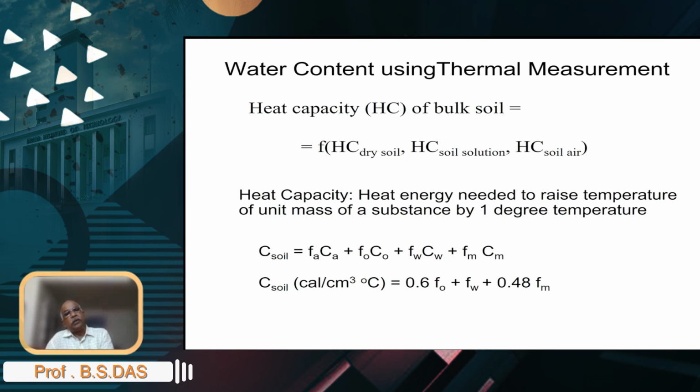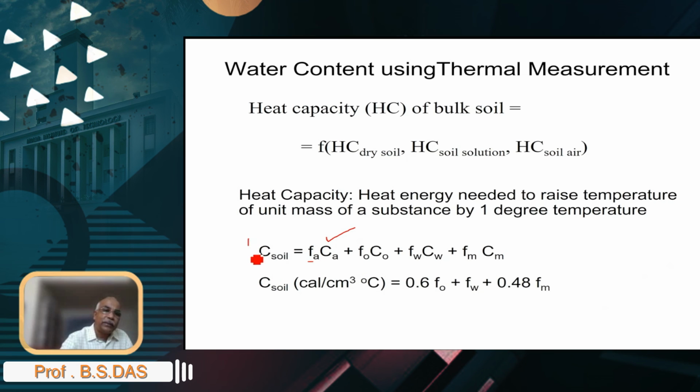And when it comes to the solid phase, you can have the organic matter and the mineral soil fraction. And so, depending on what volume fraction of air you have, the specific heat or volumetric heat capacity of the air, and you have the air fraction, volume fraction of air.